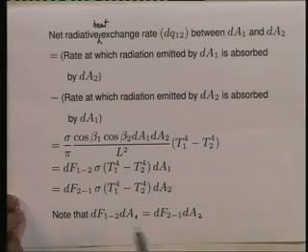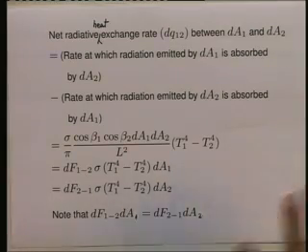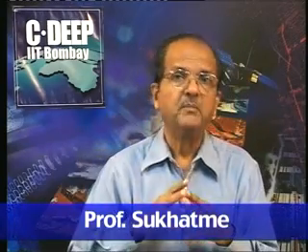So, we have now, based on our knowledge of emission characteristics of a surface and our knowledge of intensity of radiation, that is radiation going in a particular direction, today we have derived an expression for the net radiative heat exchange rate dQ1 to 2 between two arbitrarily oriented differential areas dA1 and dA2 at two different temperatures T1 and T2, all right.